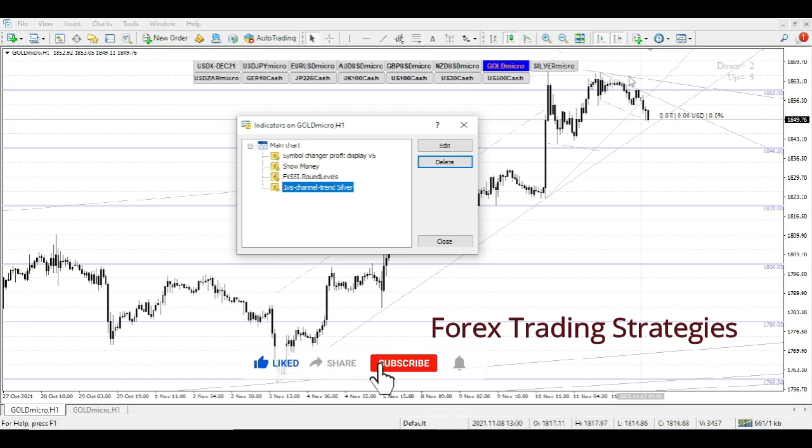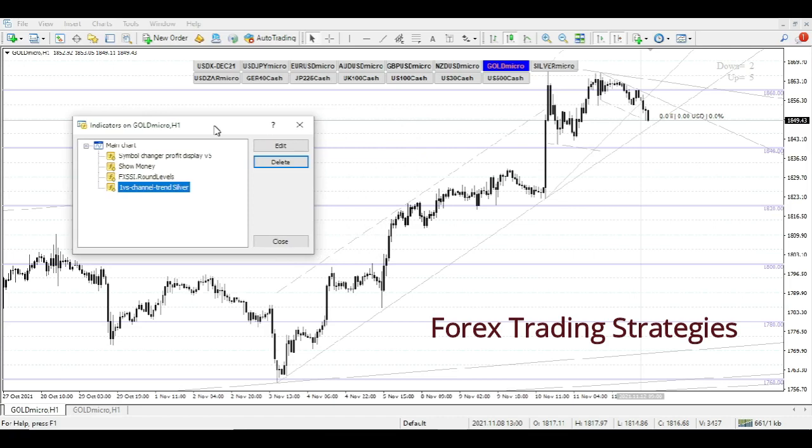The colors at the top, like this dashed line, will be red, and the bottom line will actually be blue. And if you get a situation like that, obviously it shows you that we are in an uptrend.